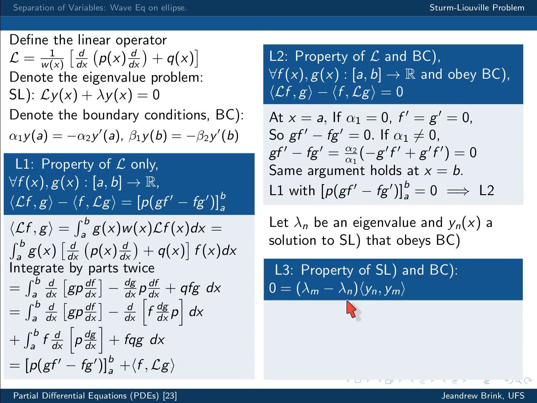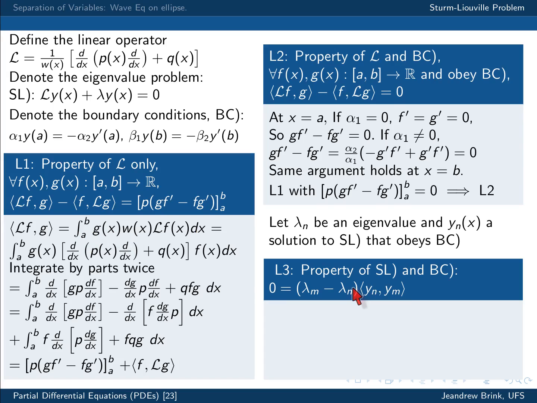And this is the first step in the proof of property C, where if m and n, or the two eigenvalues, are different, this thing is non-zero, so it basically proves orthogonality of your fundamental solutions given the inner product that's defined in this way: the integral from a to b of your weighting function multiplying the two functions.